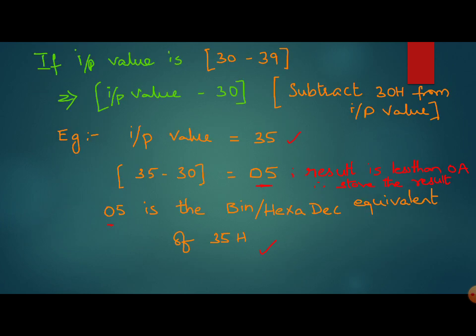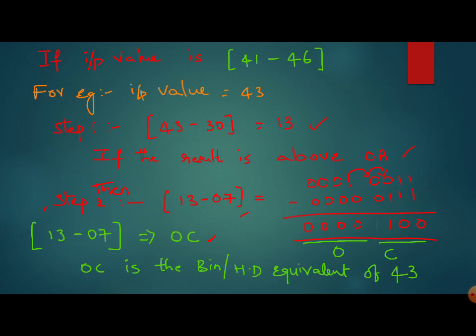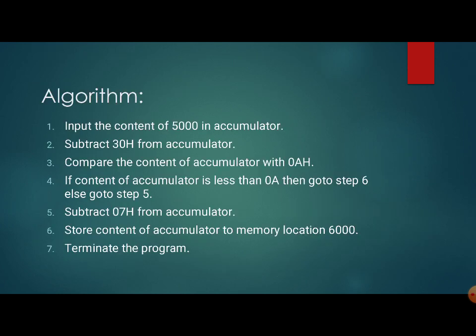After seeing the two cases, when the input is between 30 to 39 and when the input value is between 41 to 46, we proceed with the algorithm part. So this is our algorithm. Input the content of 5000 into the accumulator register. We are storing our input data in the 5000 memory location. From the 5000 memory location, take the input value into the accumulator.